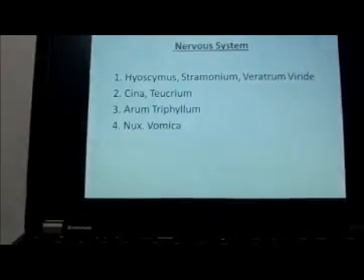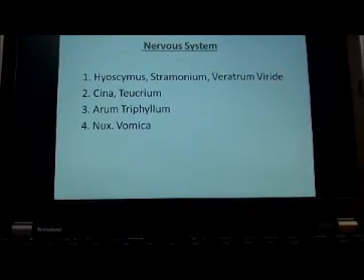The child may startle during sleep, he may have twitching, he may have convulsions. Especially in children, we get these symptoms with nervous system involvement. There is a group of drugs which we can think of commonly if that occurs. Now look at this list.